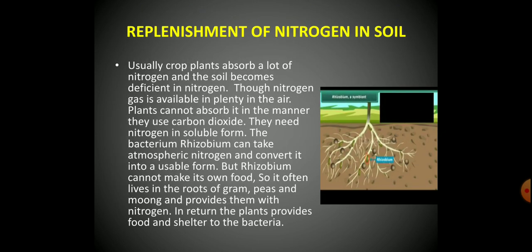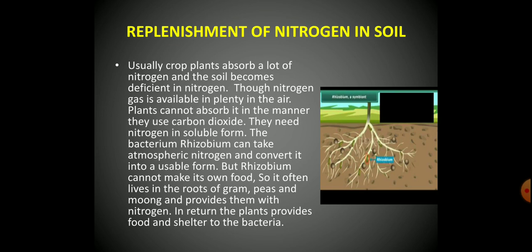Replenishment of nitrogen in soil. Usually, crop plants absorb a lot of nitrogen and the soil becomes deficient in nitrogen. Though nitrogen gas is available in plenty in the air, plants cannot absorb it in the manner they can use carbon dioxide. They need nitrogen in a soluble form.